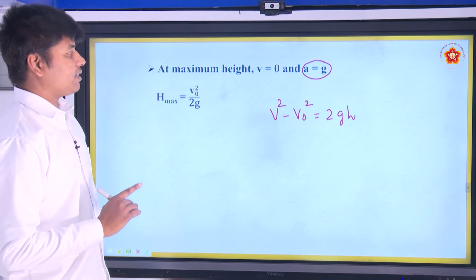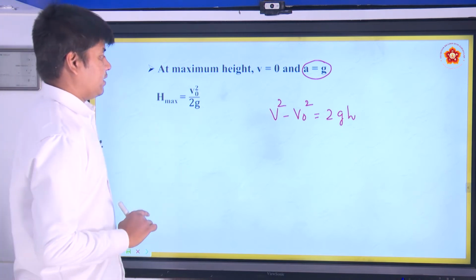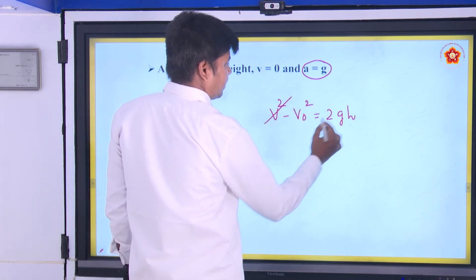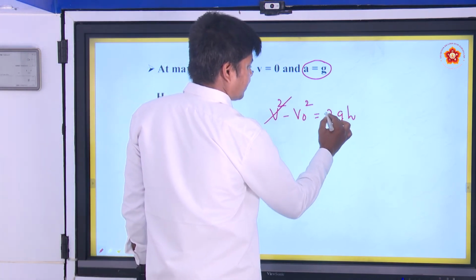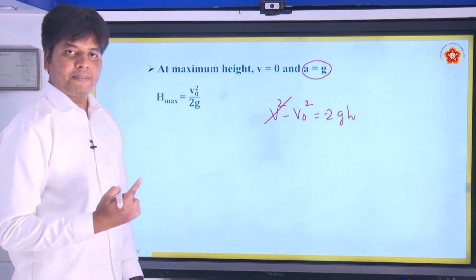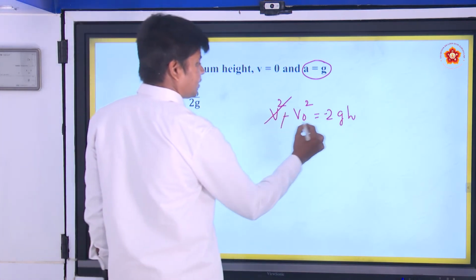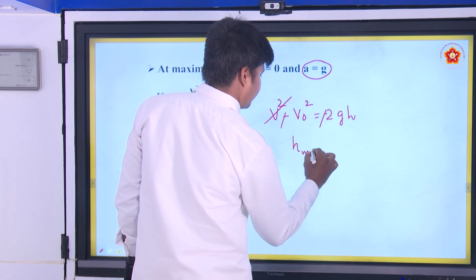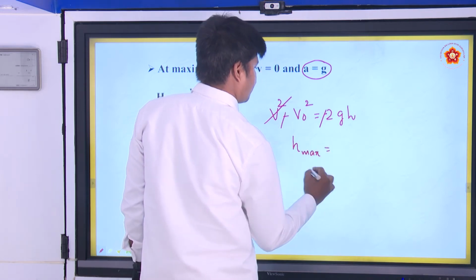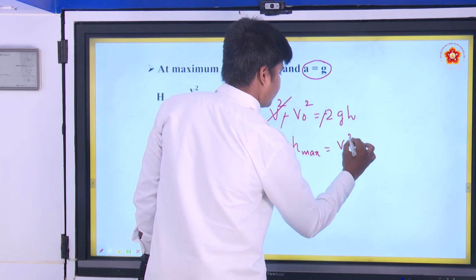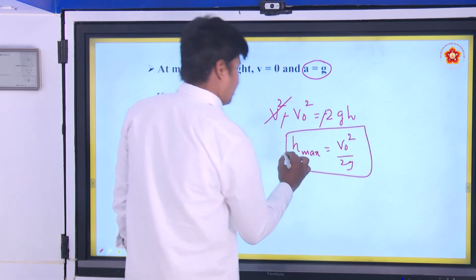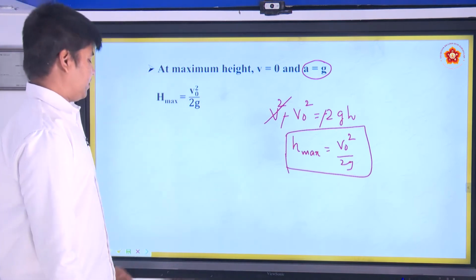Now the final velocity is 0, and g is going downwards, so it is negative in this motion. So this minus cancels. So h, that is the maximum height, is equal to v naught square by 2g. All right, so this is the relation.